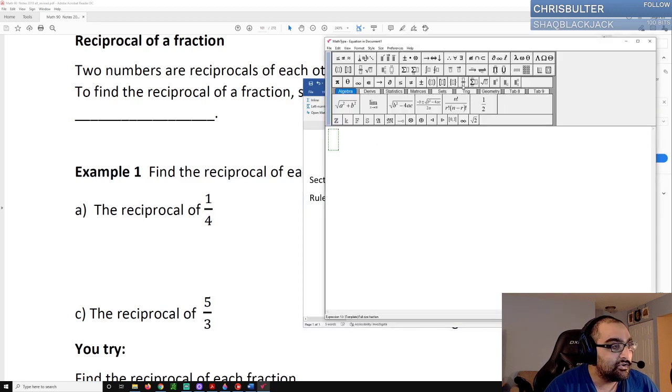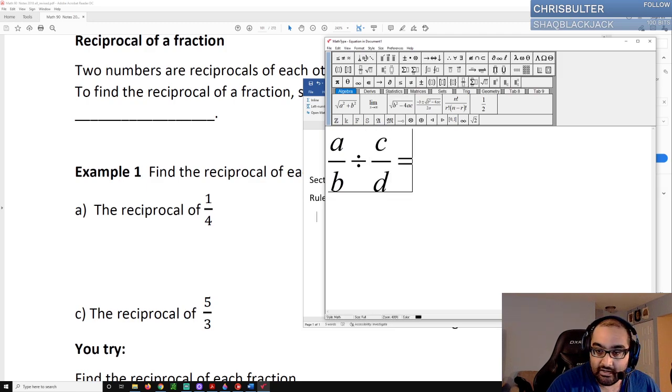So that's going to be, again, if we have A over B, and we divide that by C over D, then we're not dividing straight across. We can't actually do that. But unlike that, we can switch it to multiplication.